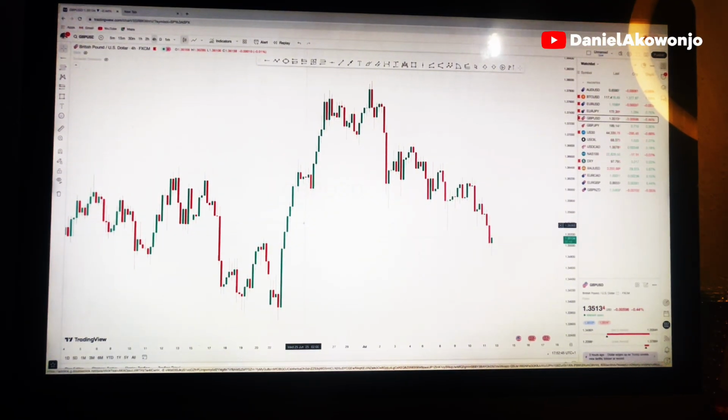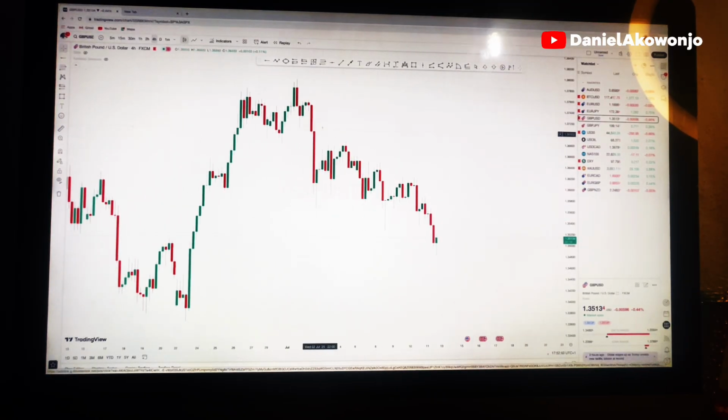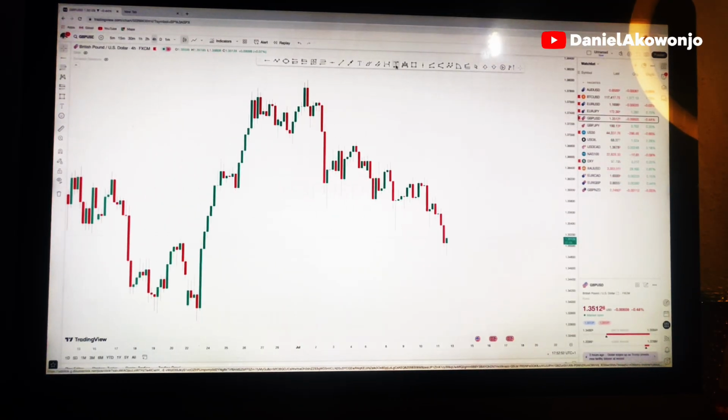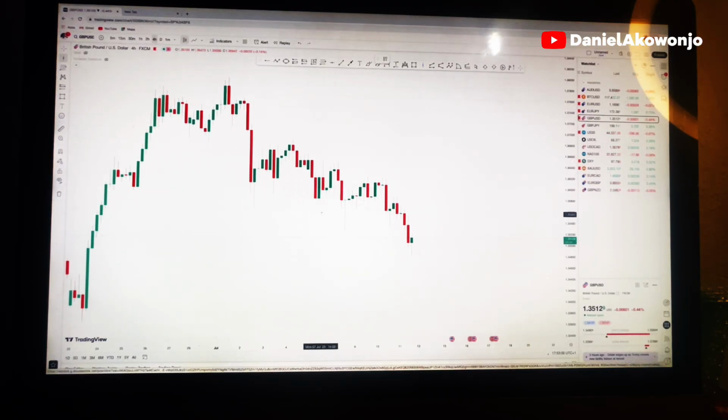We are currently shooting this video on a Friday, so we're going to go to the previous week, which was last week. Let's take our vertical line and go to last week. So we could see that this is last week here. The market opened here on Monday, on Sunday midnight. Do you see that?